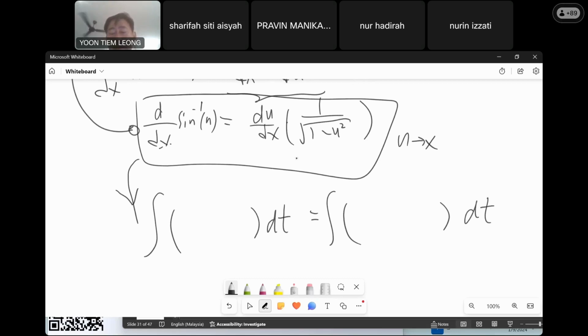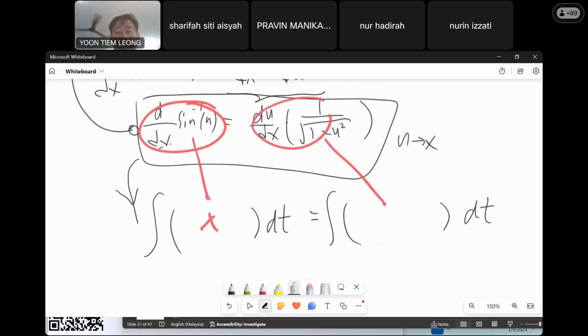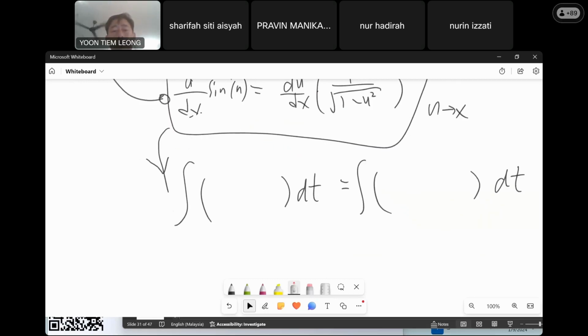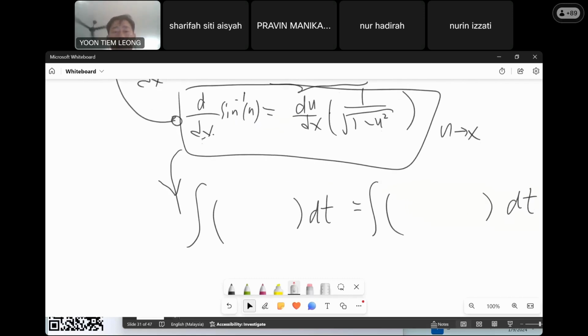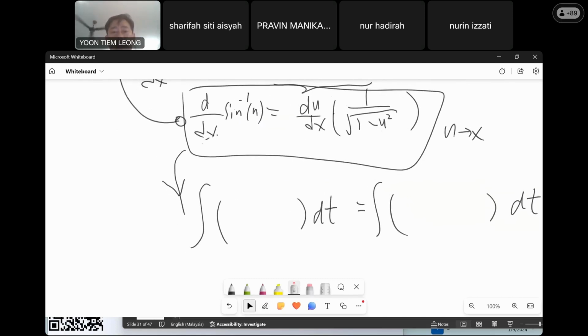I'm going to create an indefinite integral symbol, then slot this into here and slot this into here. So this is a shortcut that allows me to obtain the integration version of this differentiation function.